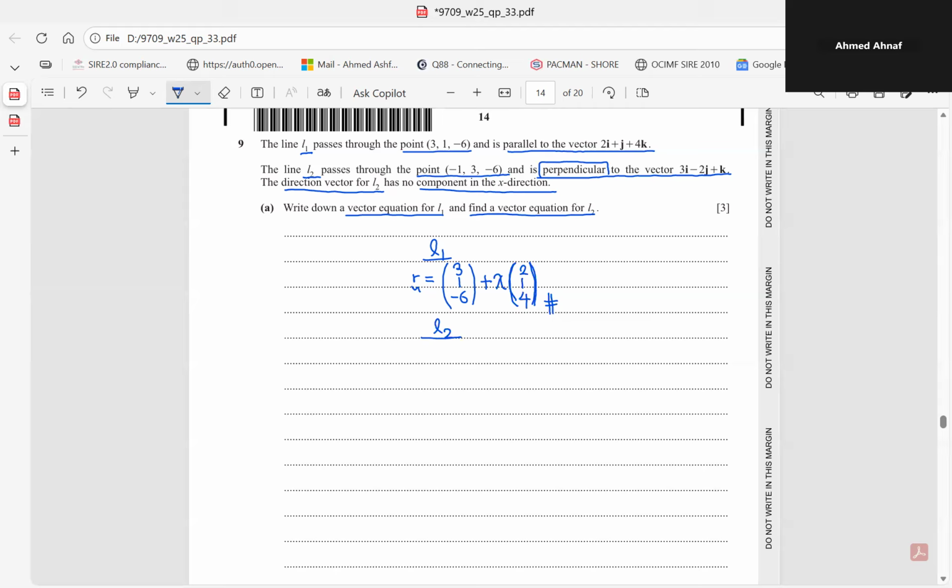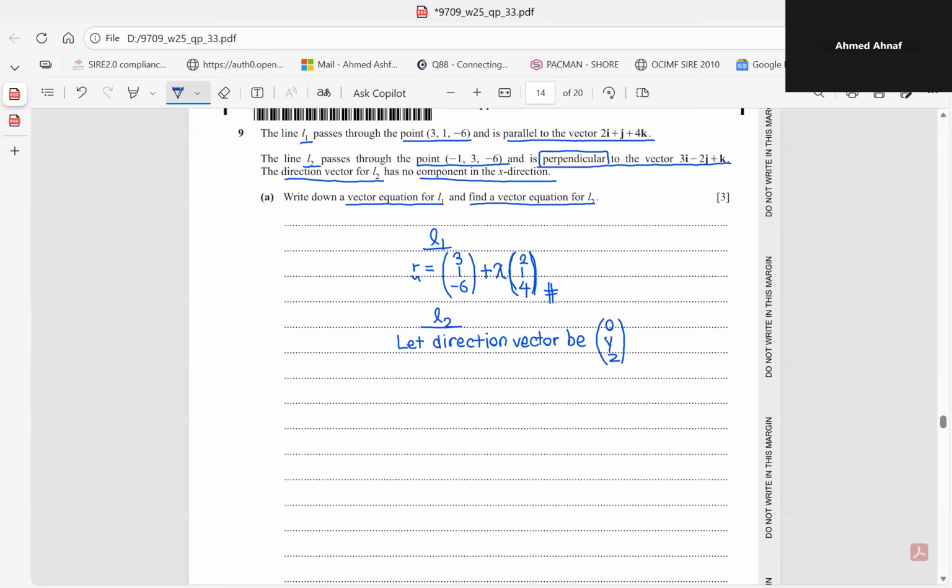All right, so to find the direction vector, we're just going to use this info: no component in the x direction. So we can let the direction vector be, since there's no component in the x direction, the top x component would be 0, and then the remaining ones would be y and z.